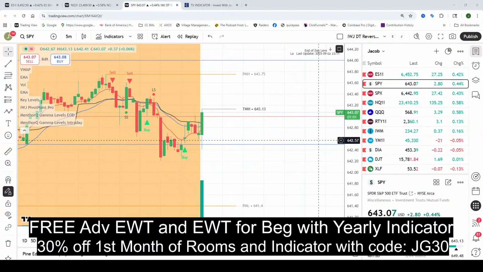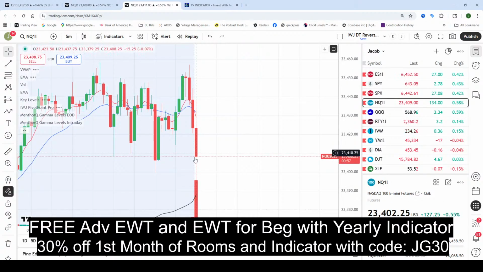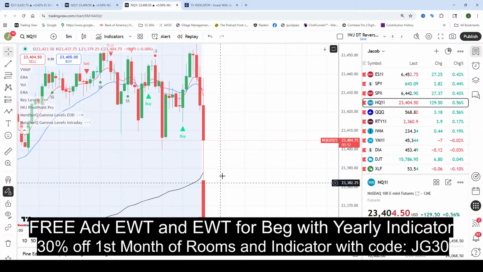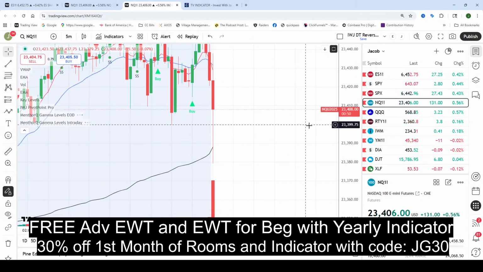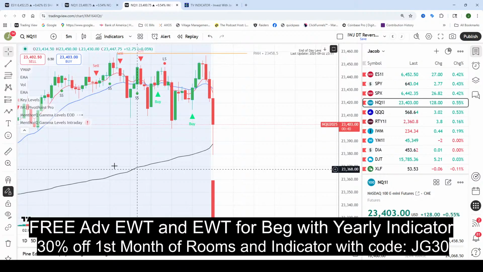So if we go take a peek at the NASDAQ real quick, you can see you have a red bar here on the NASDAQ, that challenged VWAP and bounced right off of that. So upper support was right in this 23,400 region. You can see they pushed through it, but have now bounced above it. They're kind of working on that support zone.